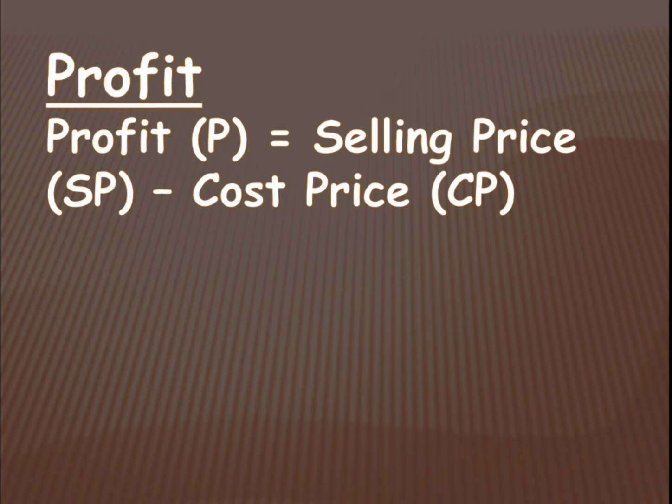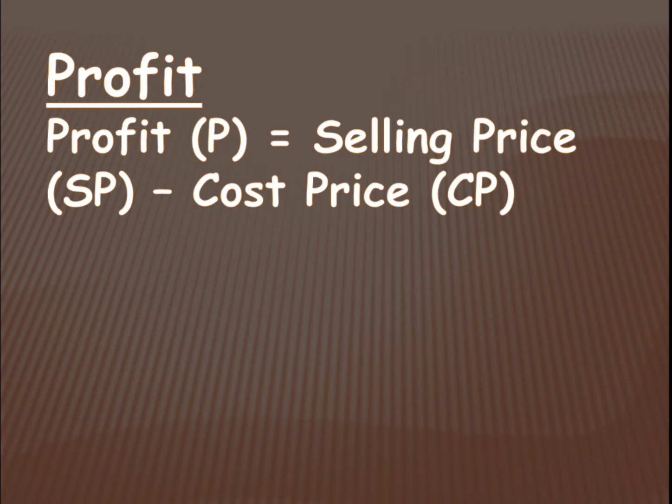So 600 minus 500 is 100. So profit is equal to 100. You understood, children? The amount you got when you sell that thing minus the amount you spent on that thing, cost price, is profit. And if you have to calculate the profit when selling price and cost price are given, this is the formula: selling price minus cost price.